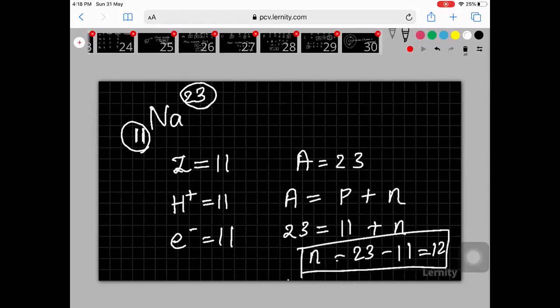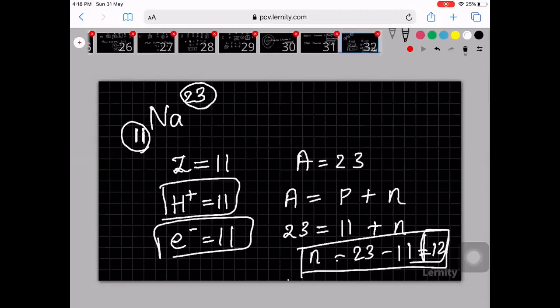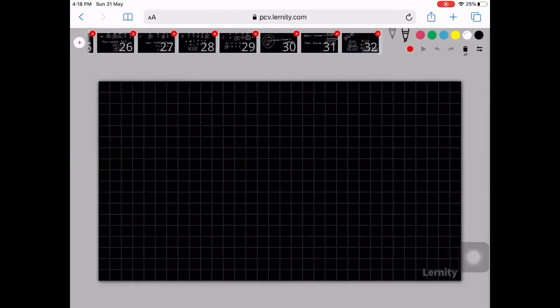Clear? So this is the arrangement. In an atom, here you have 11 protons, 11 electrons and 12 neutrons. Hope you all understood. Now I'm just going to give you a fill-up kind of worksheet. Just copy it down and we'll discuss the answers in the next class. First just note down whatever I'm writing. Z means atomic number.